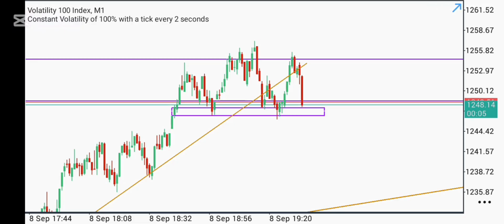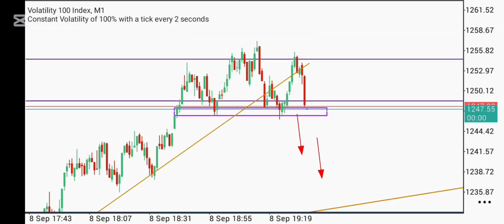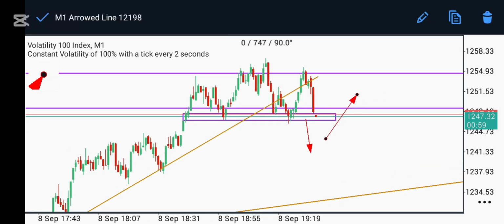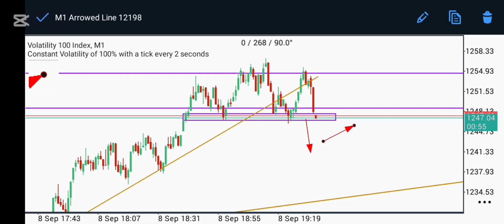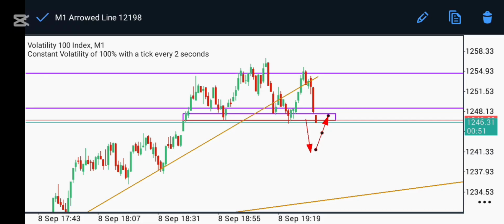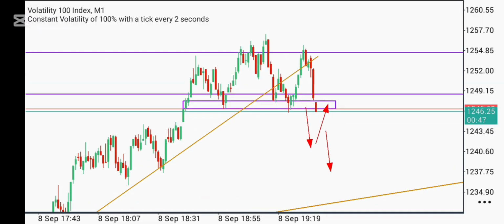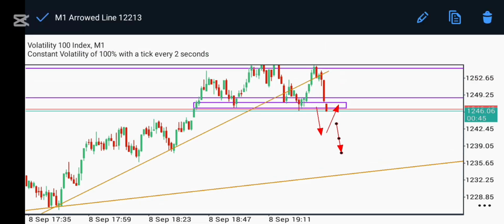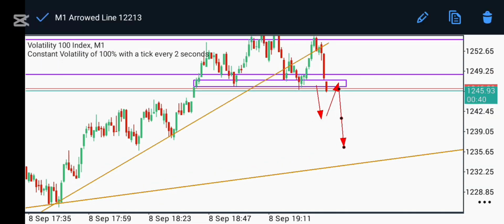So if the market can just break below and then maybe retest, then we take a sell entry from there to the downside.